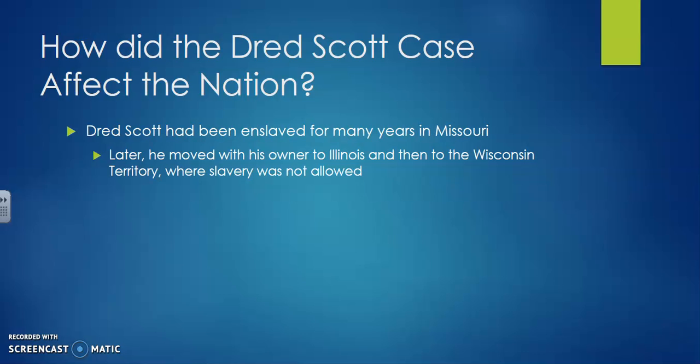His owner then moves to Illinois and Wisconsin, both of them, and takes Dred Scott with him, which are both free places. After they return to Missouri, Dred Scott's owner will pass away. At this point, Dred Scott feels that he should be allowed to leave because he had lived in these places and he feels he should actually be free. However, the owner's son and family will not let Dred Scott leave. They're saying that he is still a slave.